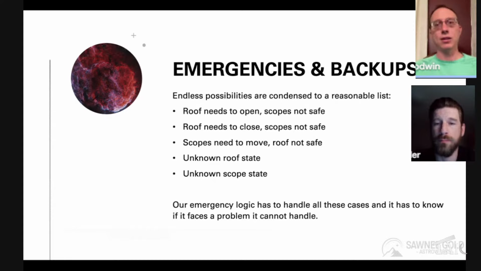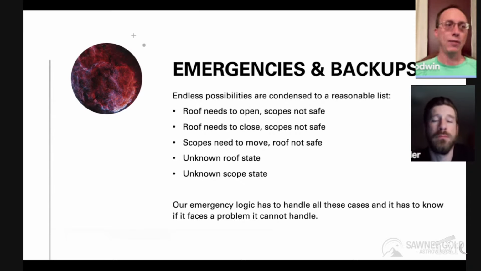This is the list of things I consider to be emergencies that the controller cannot solve. Yes, there will be retry logic. If the roof needs to close but the scopes aren't safe, we're going to try a backup method of making the scope safe. We'll have multiple ways of telling the scopes to park properly.